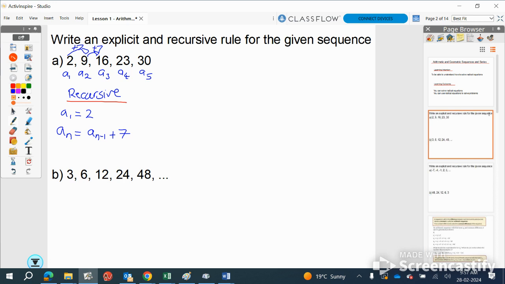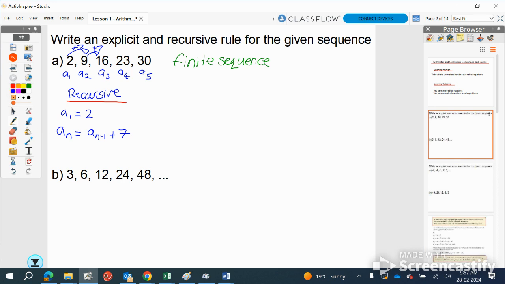We need one more thing for this. This is a finite sequence. What does finite mean? It's not infinite. It ends. It's the opposite of infinite. So a finite sequence means it finishes. How many terms are in this sequence?